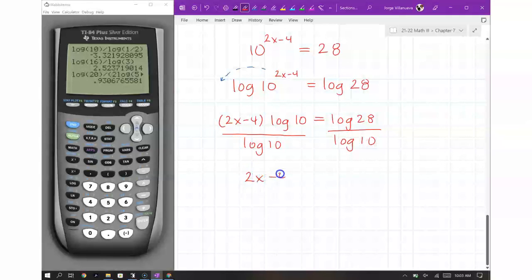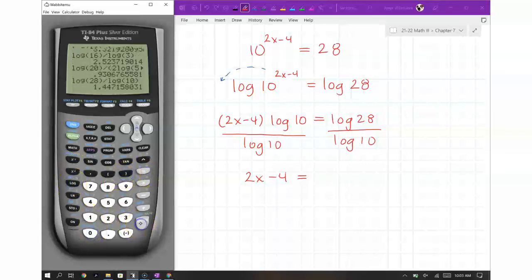So 2x minus 4 equals. Now what I would recommend here is actually solving for what it says on the right side. So I'm going to put log of 28 divided by log of 10 equals 1.447.